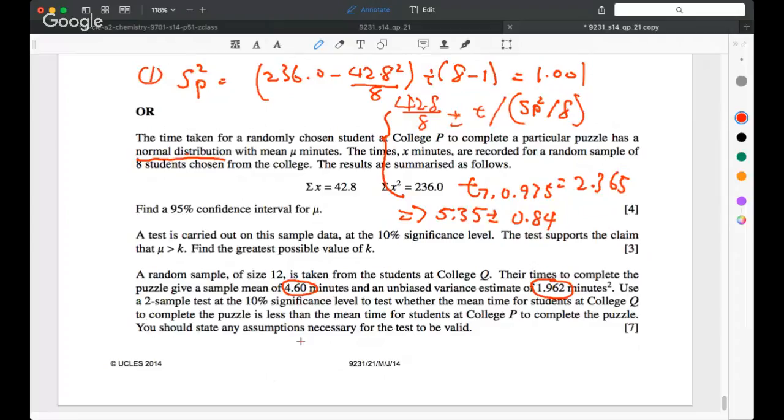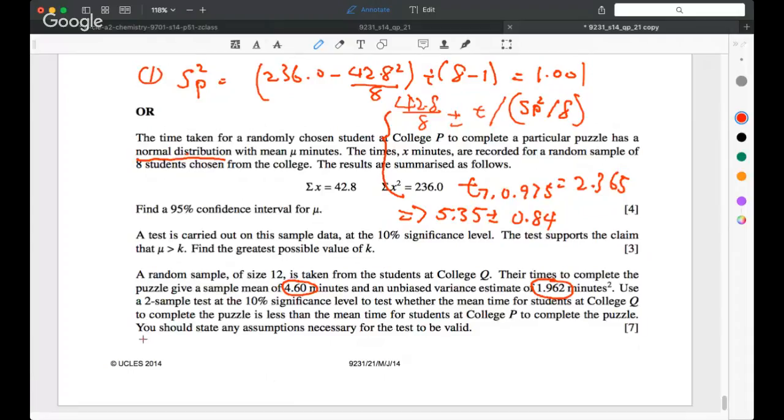Well, the assumptions in this case are quite simple. The things you can say is that the college Q distribution has also a normal distribution, and the sample also has normal distribution for P and Q, and they must have equal variances to start with.